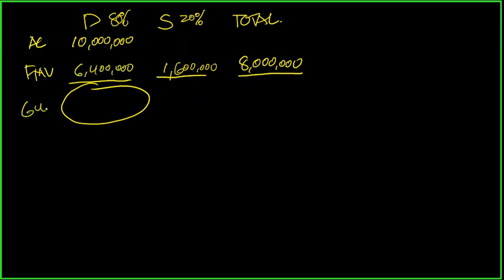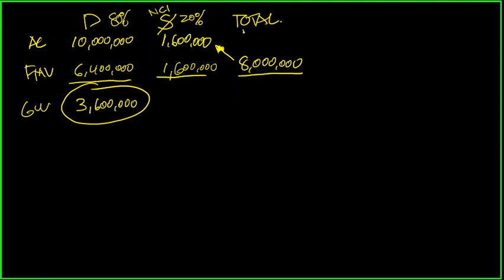Goodwill under partial goodwill will be the difference of these three, and that is 3,600,000. Because it's partial goodwill, this should be the fair market value of your NCI. So your NCI now will be 1,600.